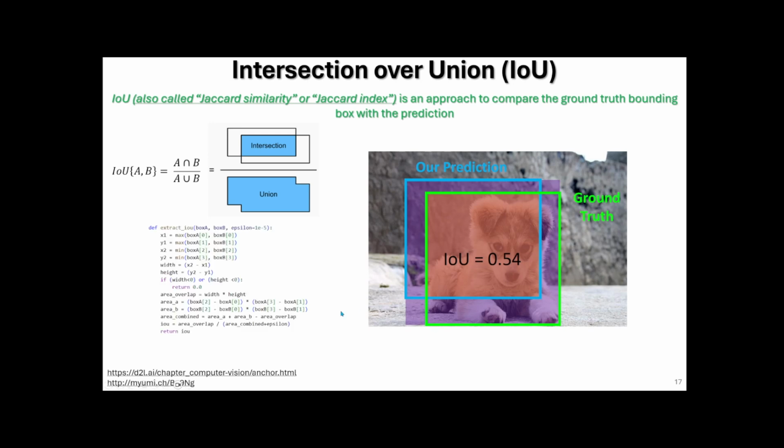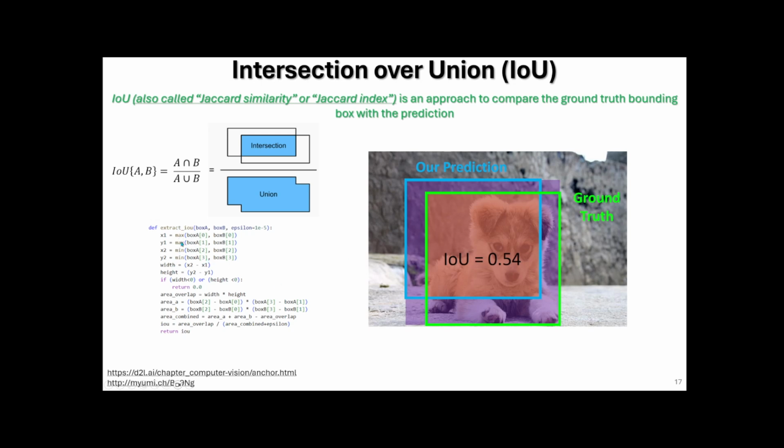If I use code to calculate this, pretty simple code here, I think it's self-explanatory. What you're finding is the height and width of each of the bounding boxes, and then you can use that to find the overlapping area. This height and width is the height and width of the overlapping rectangle, which you can find using a simple formulation like this.